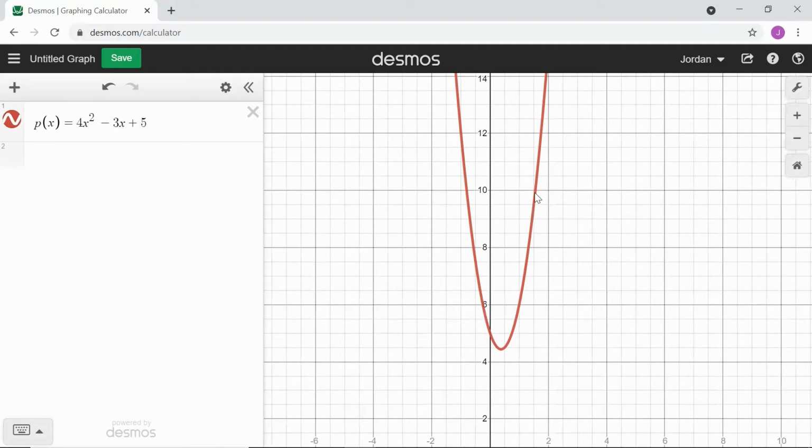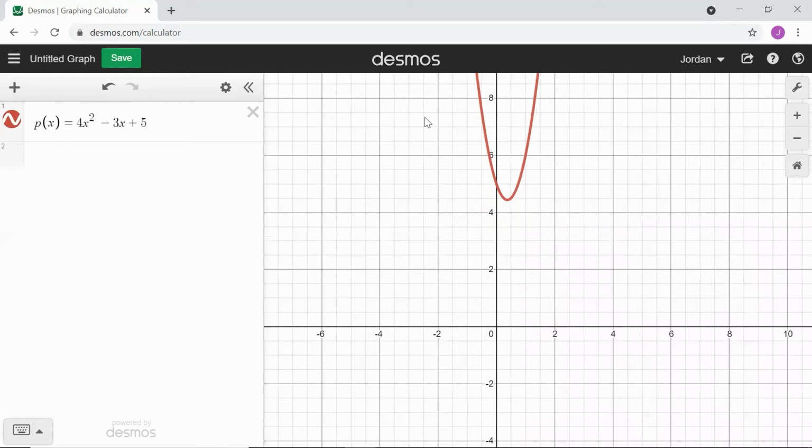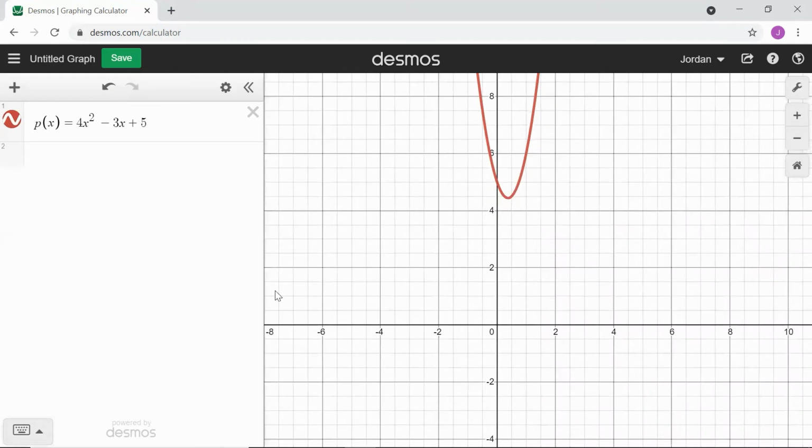So you can travel along this parabola and never have to jump off it in order to draw it. So this parabola is continuous everywhere, meaning it's continuous from x values from negative infinity to positive infinity.